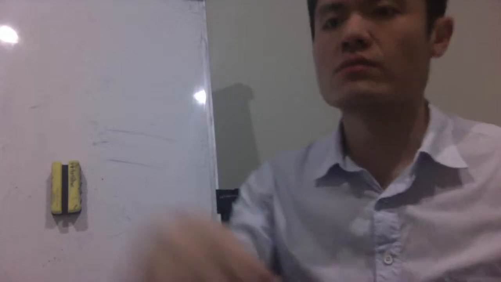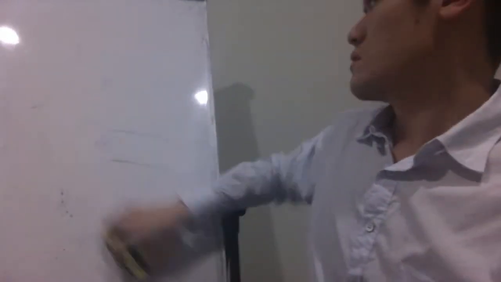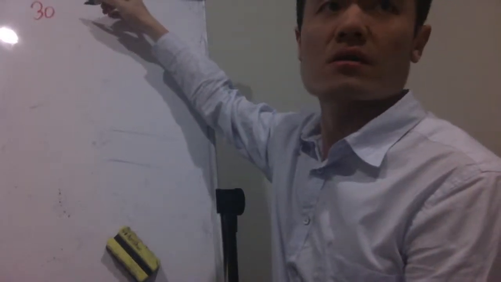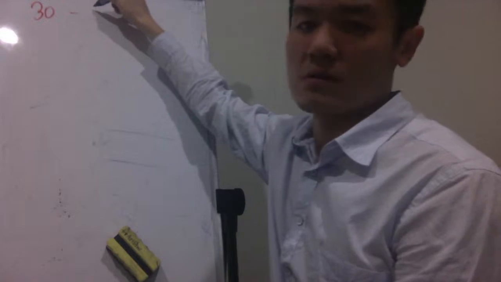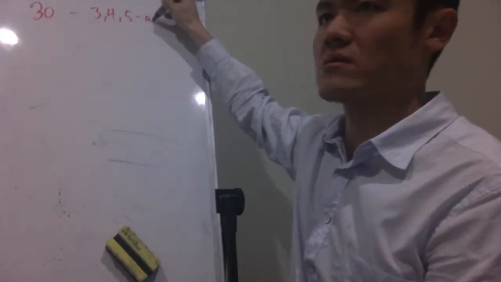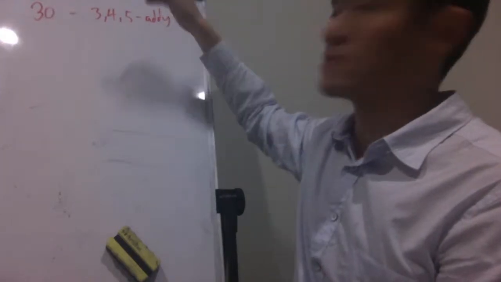Right, do you want to go through that last thing we did last time? So we're saying 30 works, right? 30 was what was it? 3, 4, 5 addy? Is that right? Yeah.